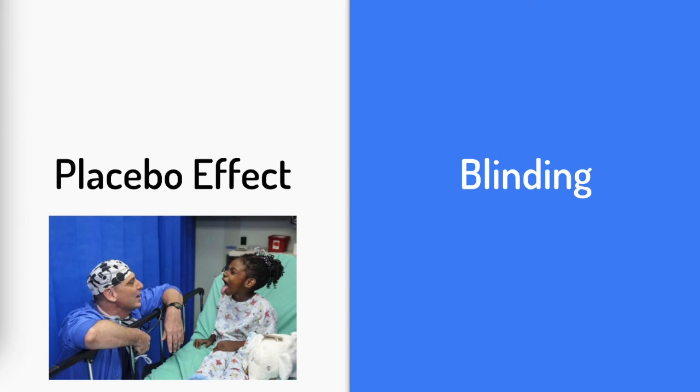Placebo effect is when a patient has not received a treatment but believes that he or she has received it, and their health has actually gotten better just through their belief. They didn't receive anything, they just believed they did, and that belief has made them healthier and in better condition.